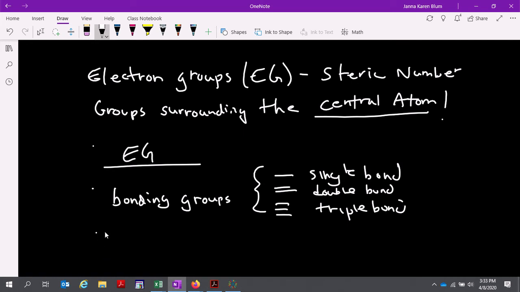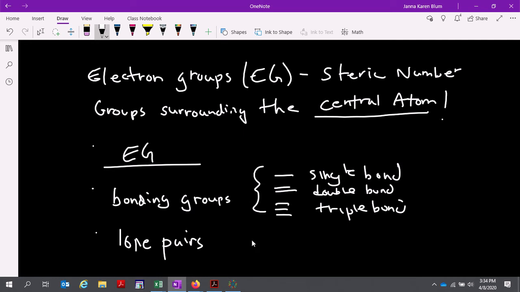And then we have lone pairs. Each one of these can be a single electron group, whether it is a bonding group or a lone pair.